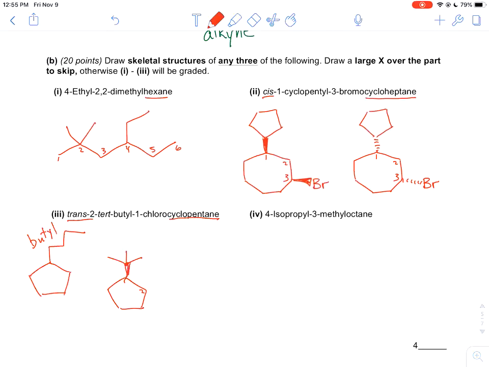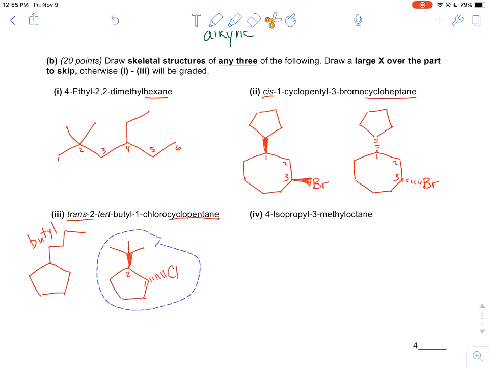And then we're going to go ahead and put this guy wedge because I just chose one. I kind of put it on the wrong carbons. I can fix that by just making this carbon 2 and that carbon 1 because the relative relationship is the same. It's trans, and since the tert-butyl group was wedged, I'm going to make the chlorine group dashed. Now you could have done it where you switched the wedge and the dash.